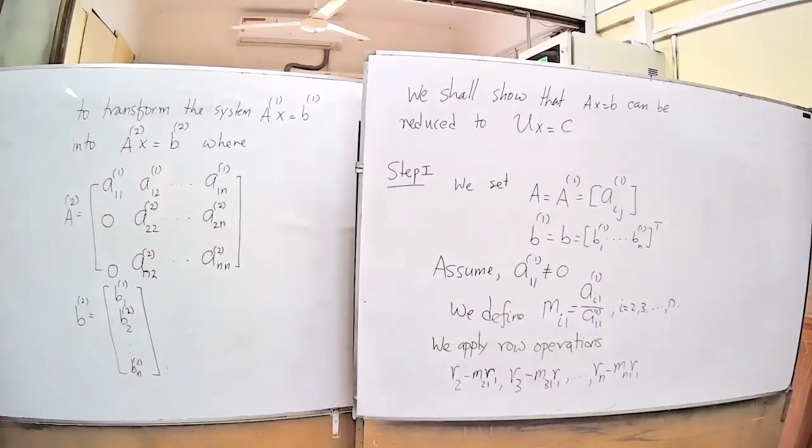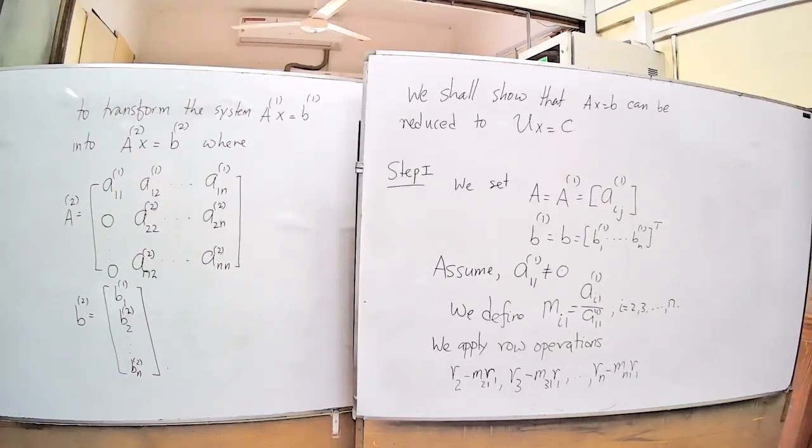Okay. So after doing these operations, you can see that you have eliminated all the elements below the diagonal on the first column. And by the nature of the row operations you applied, you know that the first row does not change. So the first row components in the coefficient matrix as well as on the right hand side vector do not change.